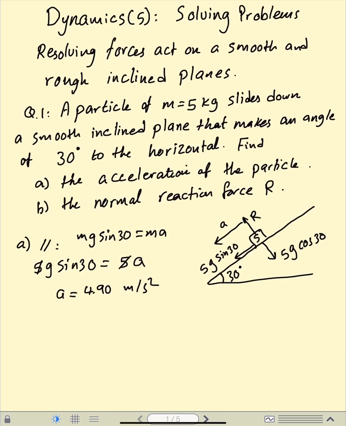Part B, find the normal reaction between the plane and the particle. So we are in perpendicular to the plane. R is equal to only, in this example, 5g cosine 30, which gives in the calculator 42.4 to 3 significant figures.